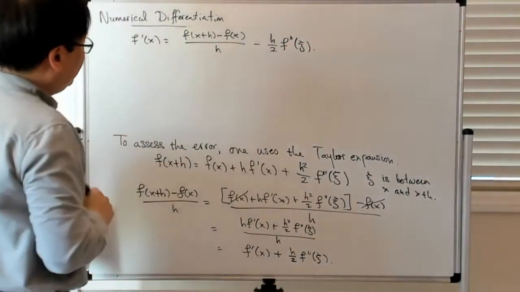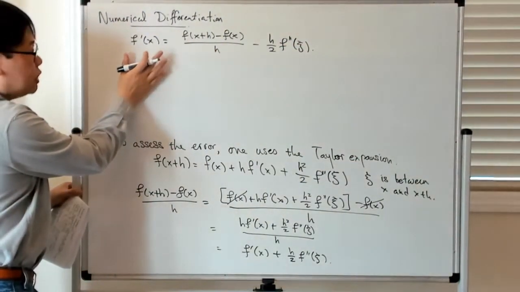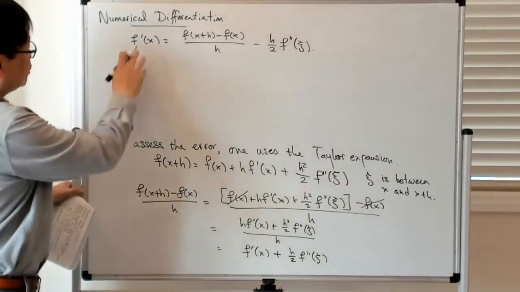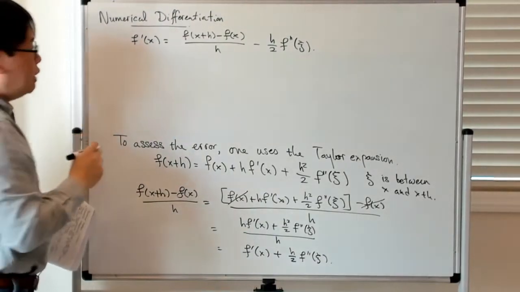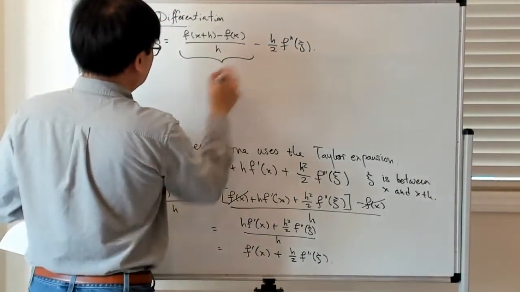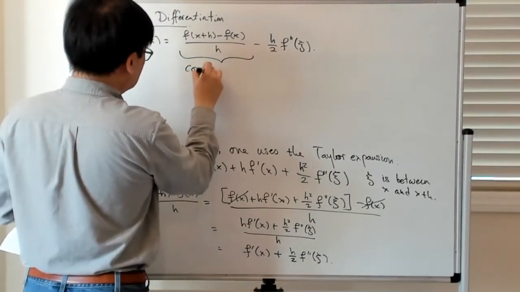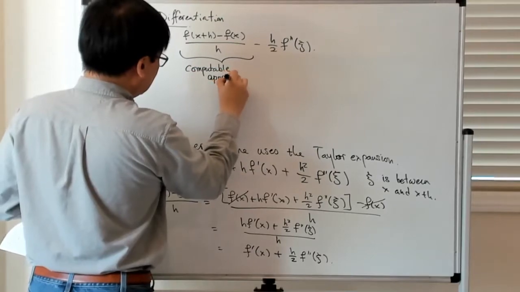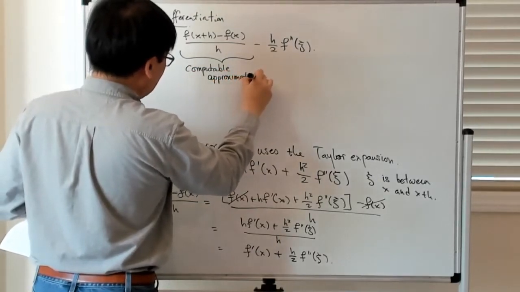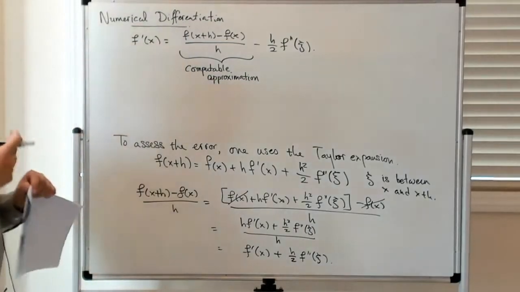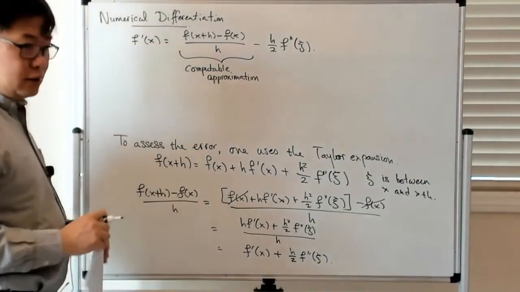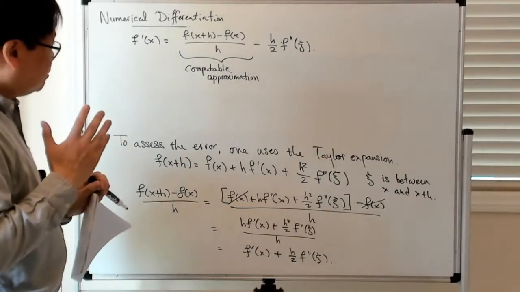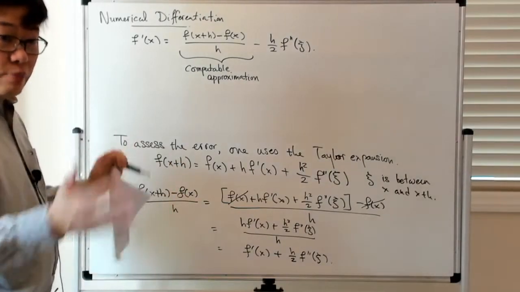So what we have now is the thing which you're trying to compute on the left-hand side, which you can't really do unless you have some sort of analytical expression for f, which you may not have. And then this is what is called a computable approximation. Here we're assuming that while I don't know what f is analytically, I have something like an oracle or black box which allows me to query the function values at any point which I want.